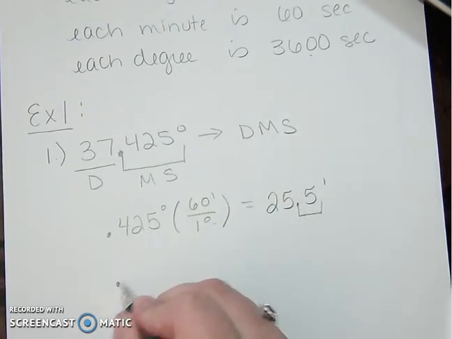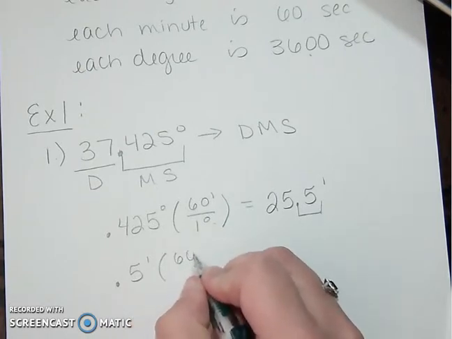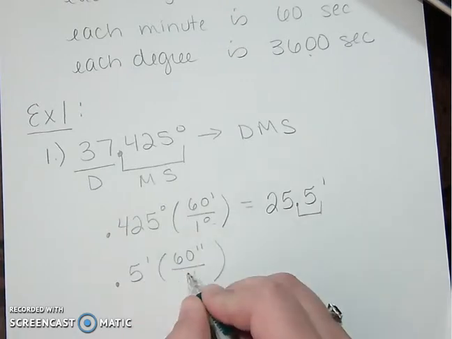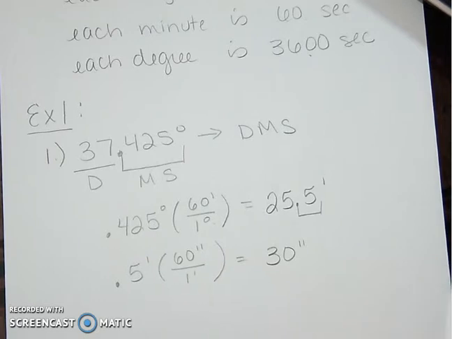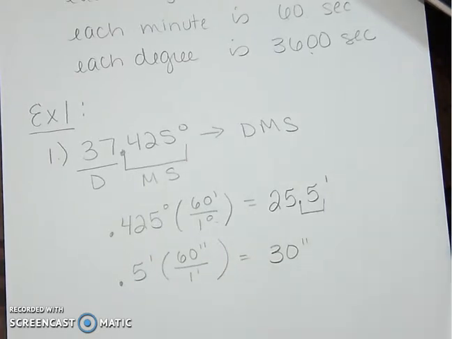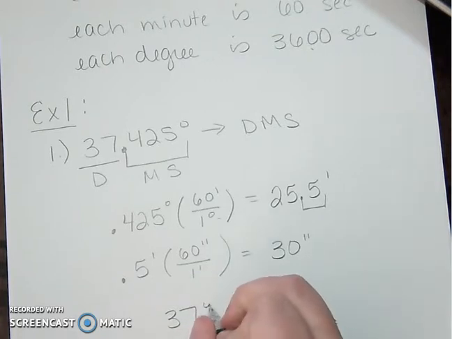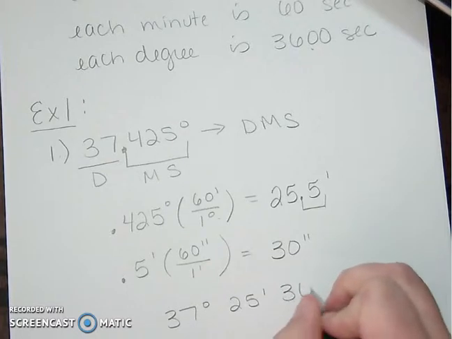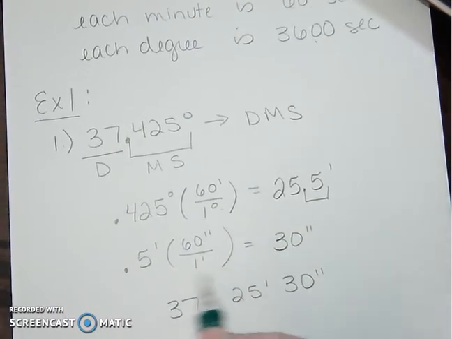So if I multiply it by 60 seconds in 1 minute, again, labels cancel, I get 30 seconds. So 37.425 is 37 degrees, 25 minutes, and 30 seconds. These are the symbols for minutes and seconds, or the tick marks.